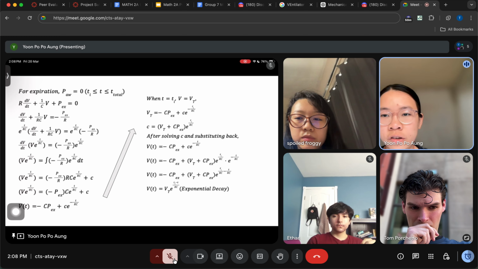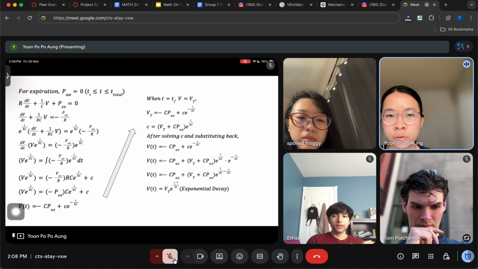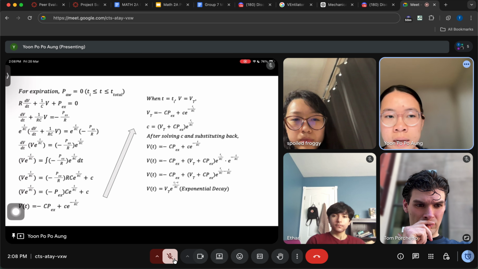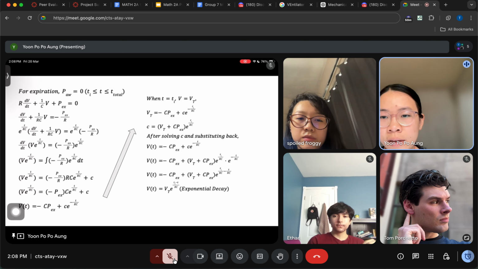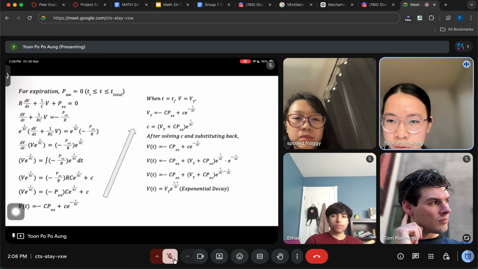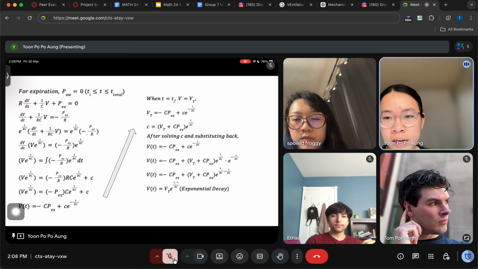Now we can use the initial value problem, in which time is equal to Ti, which is the inspiration time, and V is going to be Vt, which is the tidal volume. Since we already solved for C, we can substitute that back into our original function using the value that we already have.